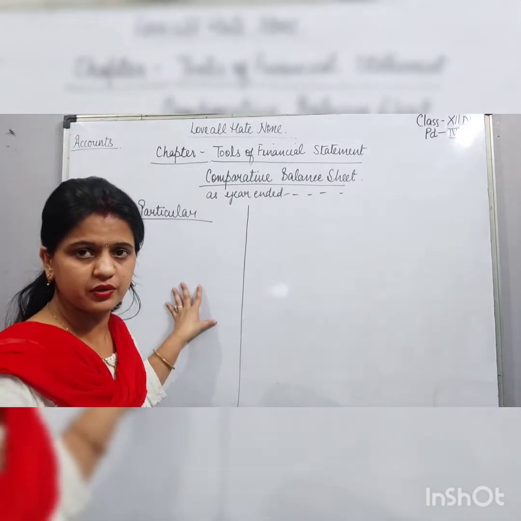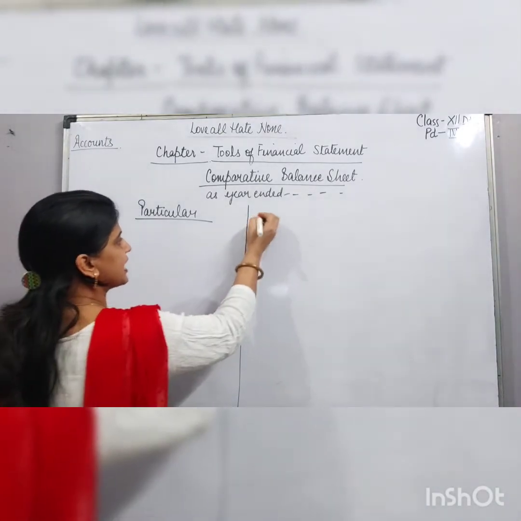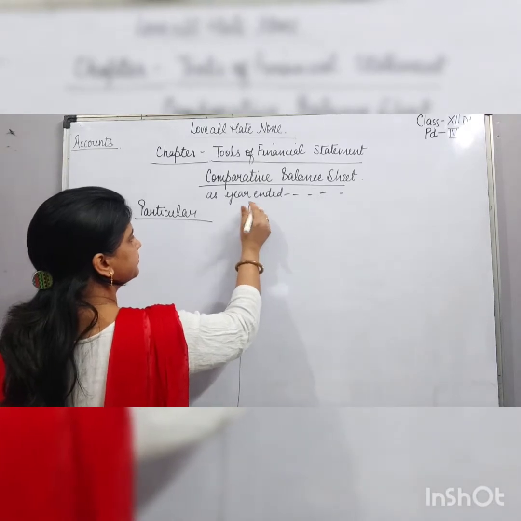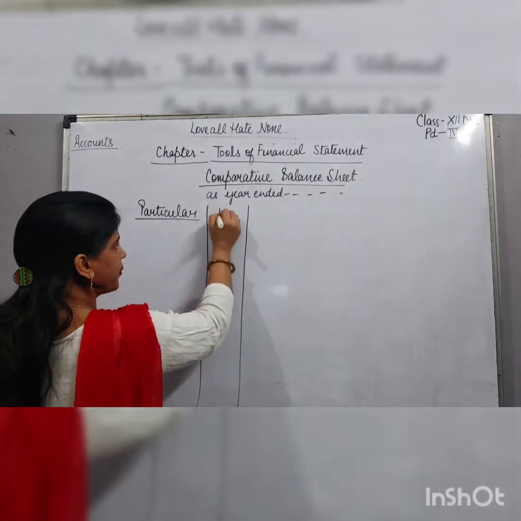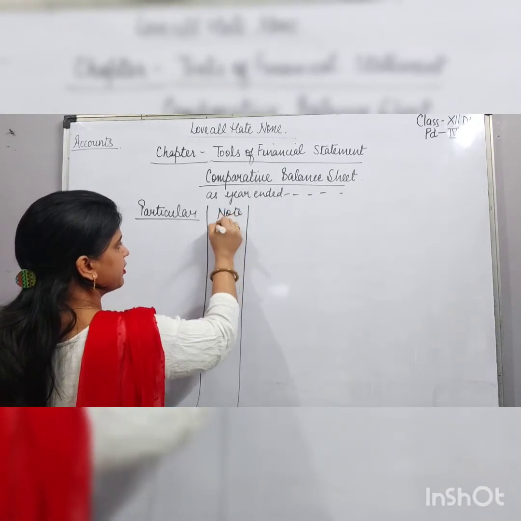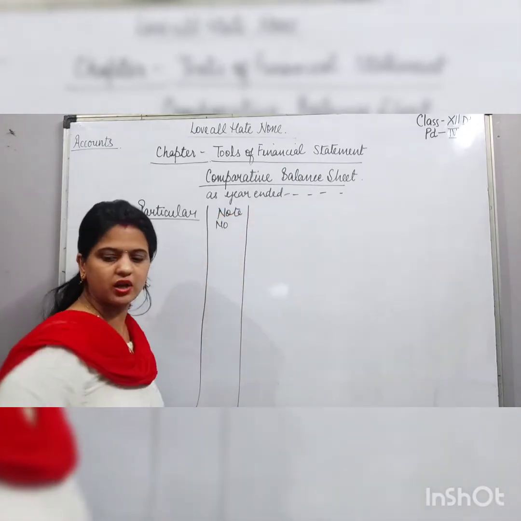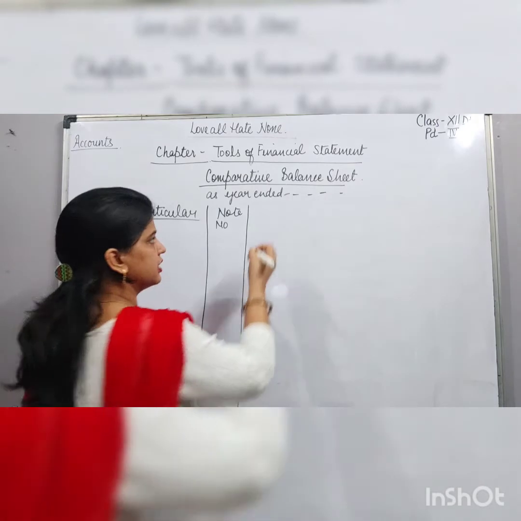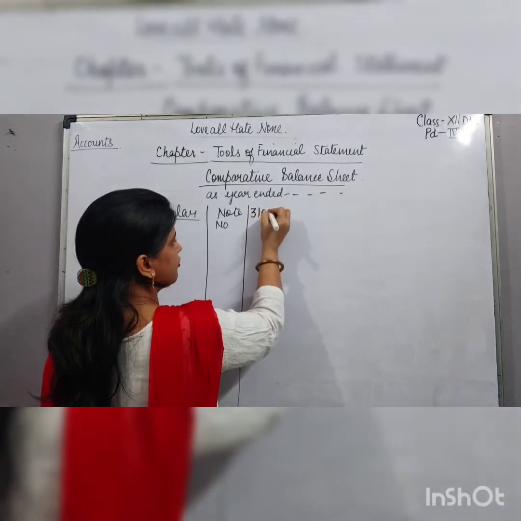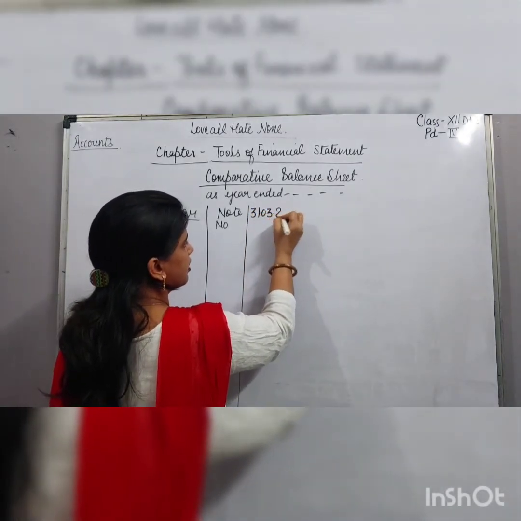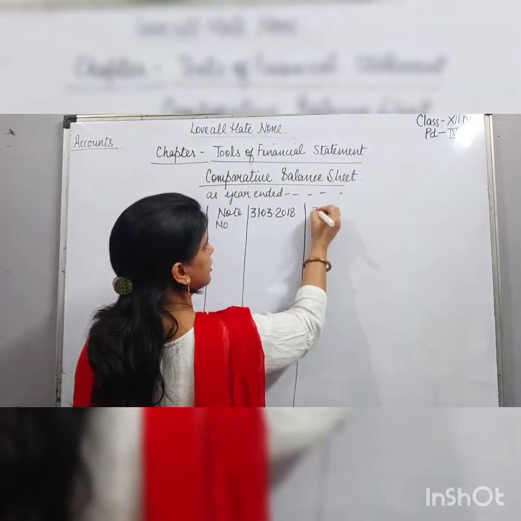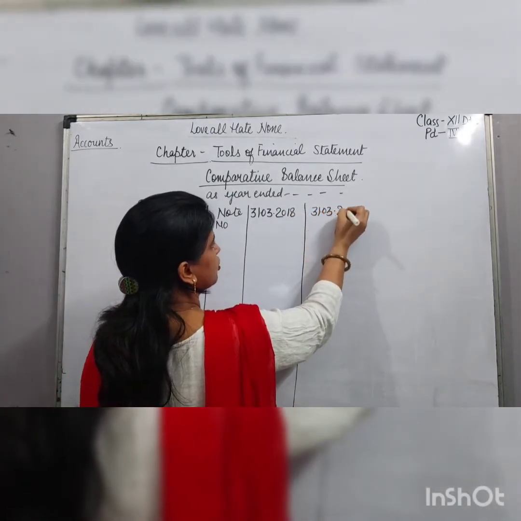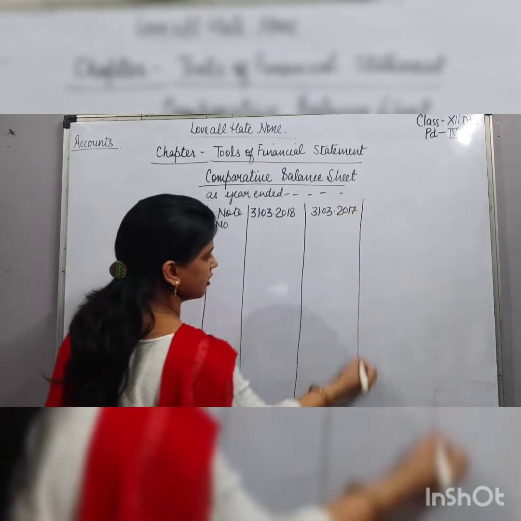Now the second column will be note number. The third column will be for the current year, suppose 31st March 2018's figure, and then 31st March 2017's figure.